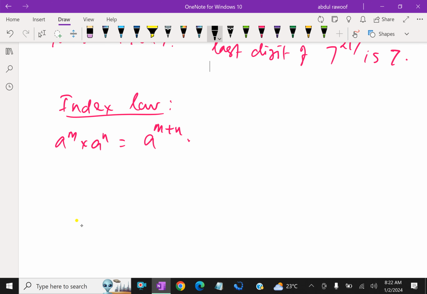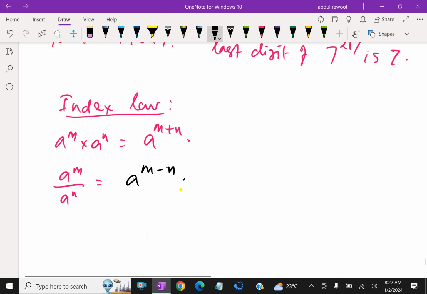Like that, division: a power m divided by a power n is equal to a power m minus n. That means for division of the same base with different powers, the powers are subtracted.